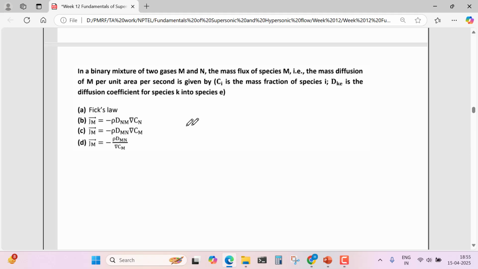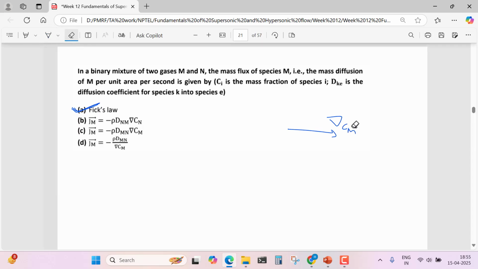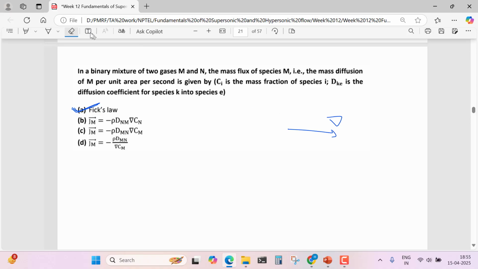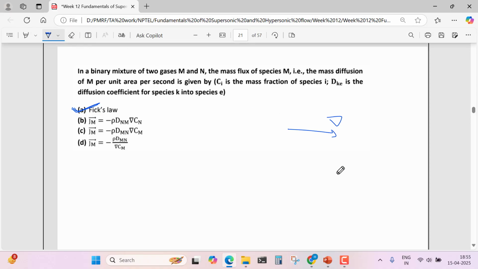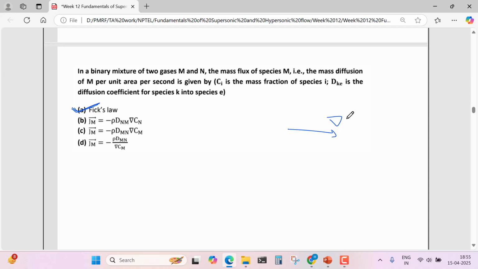So we already know that mass diffusion is given by Fick's law, so that option is correct. And one thing to note: if we are finding the mass diffusion of species M, then we have to consider the gradient of mass fraction of species M only. Let's say the gradient of mass fraction is in this direction, then diffusion will happen in the opposite direction.